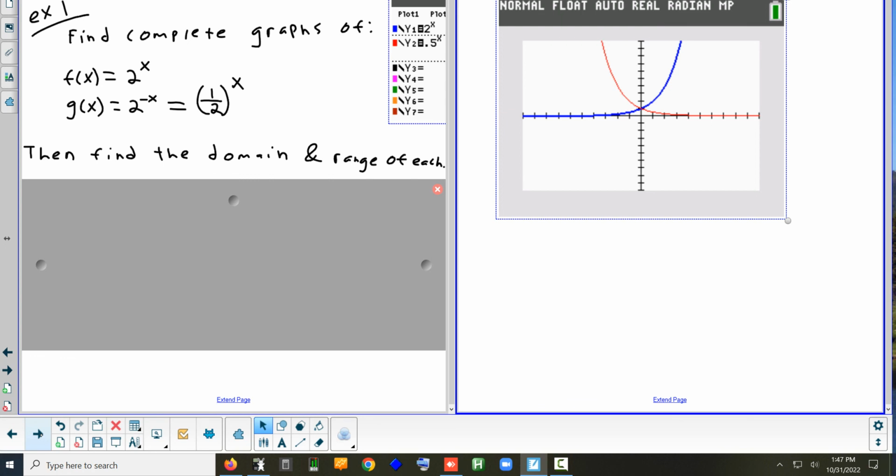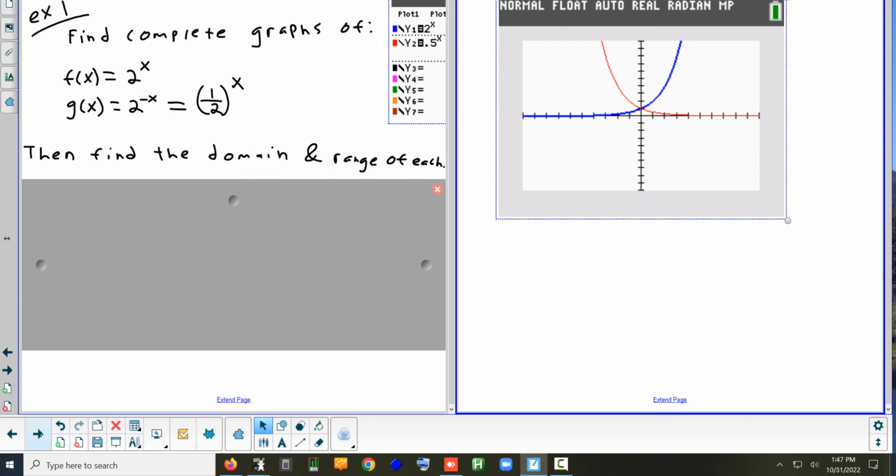So I need an interval from this to this. What did we say the relationship was between the red and the blue graph again? Did someone remind him what's the relationship between the red and the blue? Yep, they're mirrored over the y-axis. They're just mirror images.